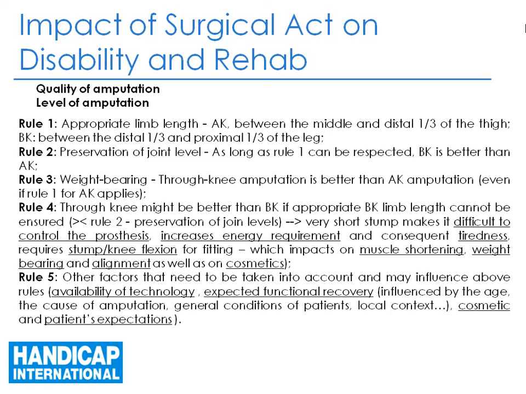But through-knee prostheses are not available everywhere. So in that case it might be better to cut through the thigh anyway. Expected functional recovery, so depending on the age of the person and the type of the injury, we could decide also to cut there or there.